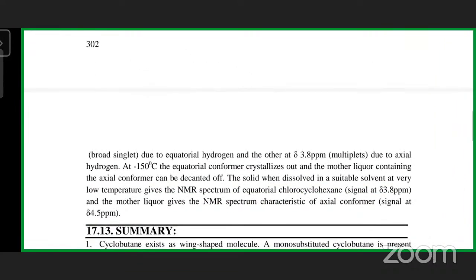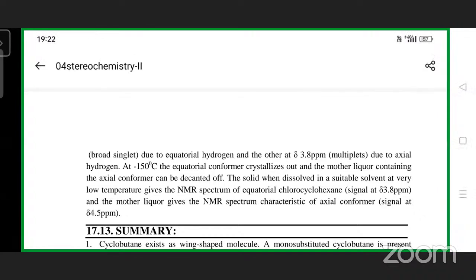Generally, the axial chlorocyclohexane appears at delta 4.5 ppm, and the equatorial appears at 3.8.